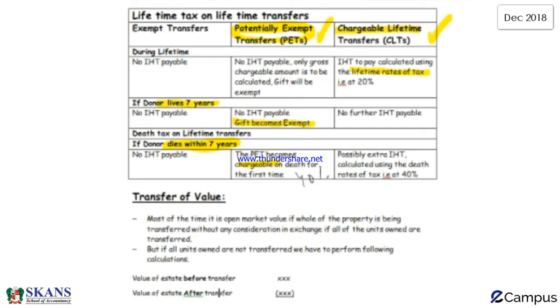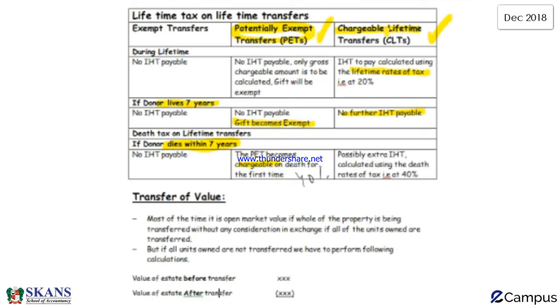But if it is a CLT, once again, things depend upon whether the individual lives for 7 years or dies within 7 years. If they live for 7 years, the lifetime tax which has been paid would not be repaid in any case. But if the client lives for 7 years after making this transfer, we would not be required to calculate any further IHT on death calculations of this lifetime transfer.